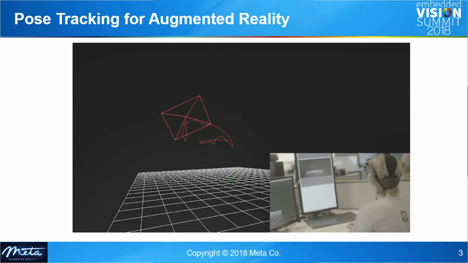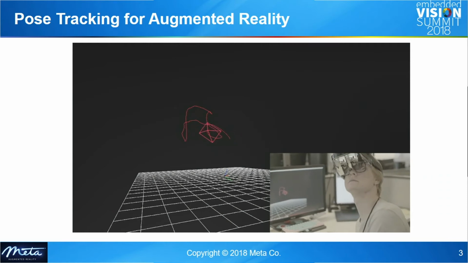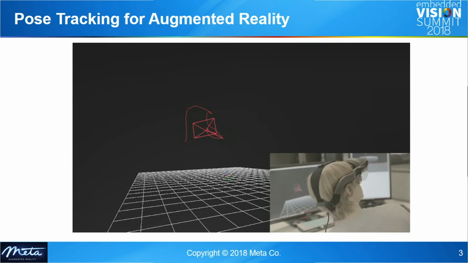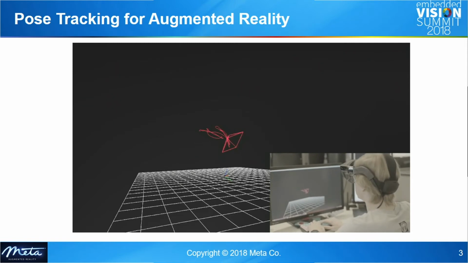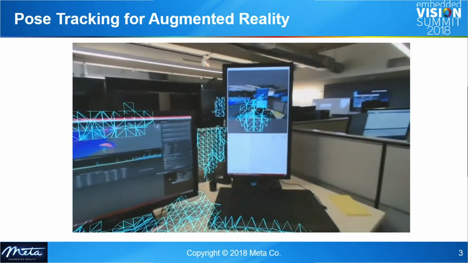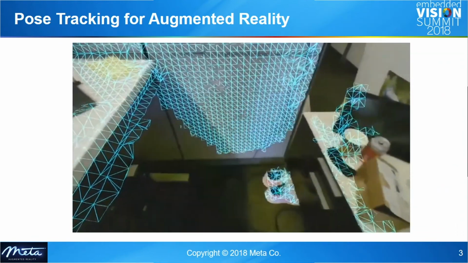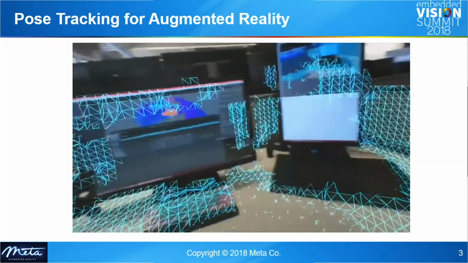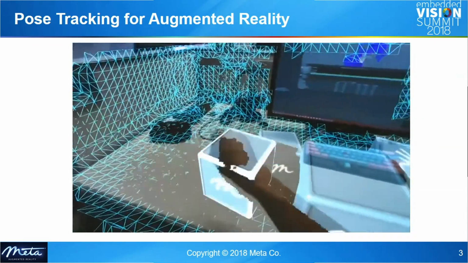So this is what we aim to do. On the video in the lower right corner, you see a user wearing our Meta 2 headset. And what we want to do through computer vision and through the inertial sensors is to track the 3-dimensional pose of the headset. And this is what the user sees through the visor.